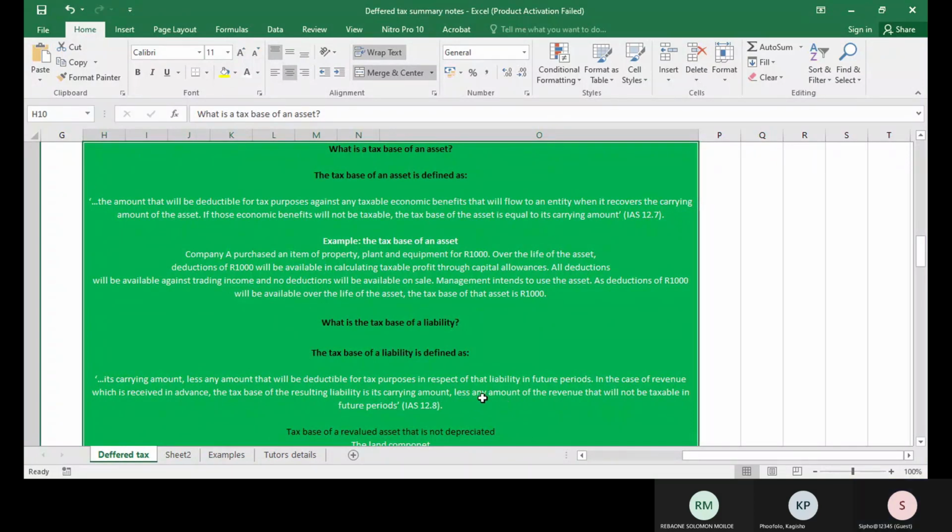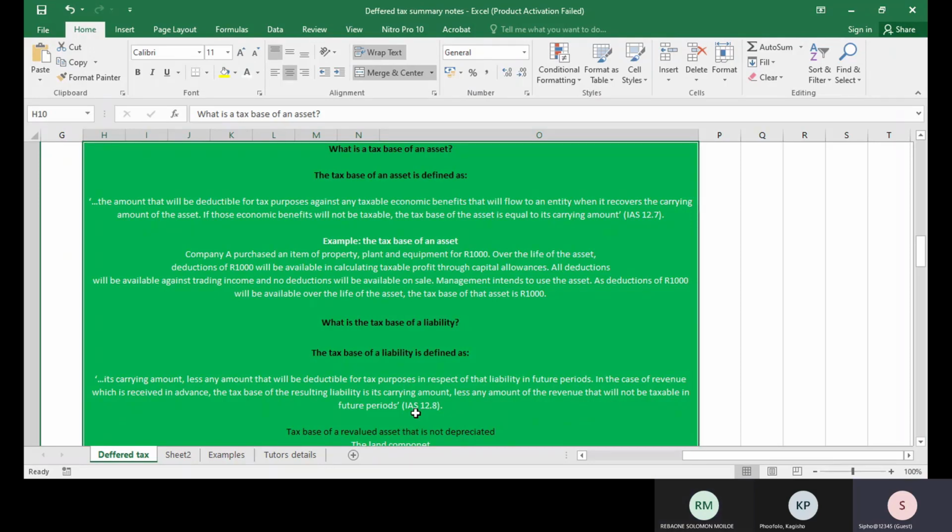So which amount will not be taxable in the future period? If this 10,000 is taxed now, will it be taxable in the future period? No. Okay, let me just take you through this again. Just apply your mind.